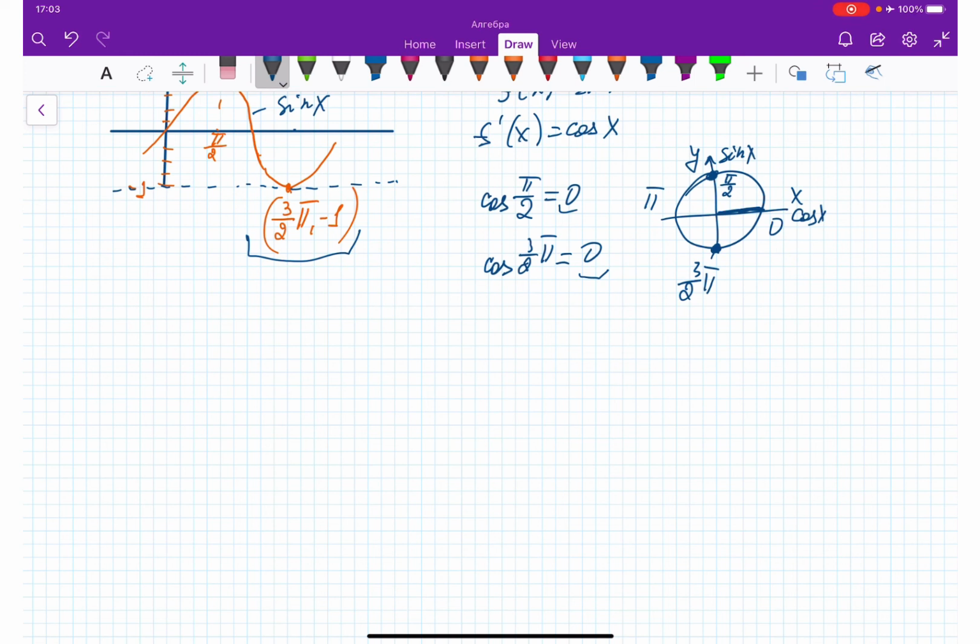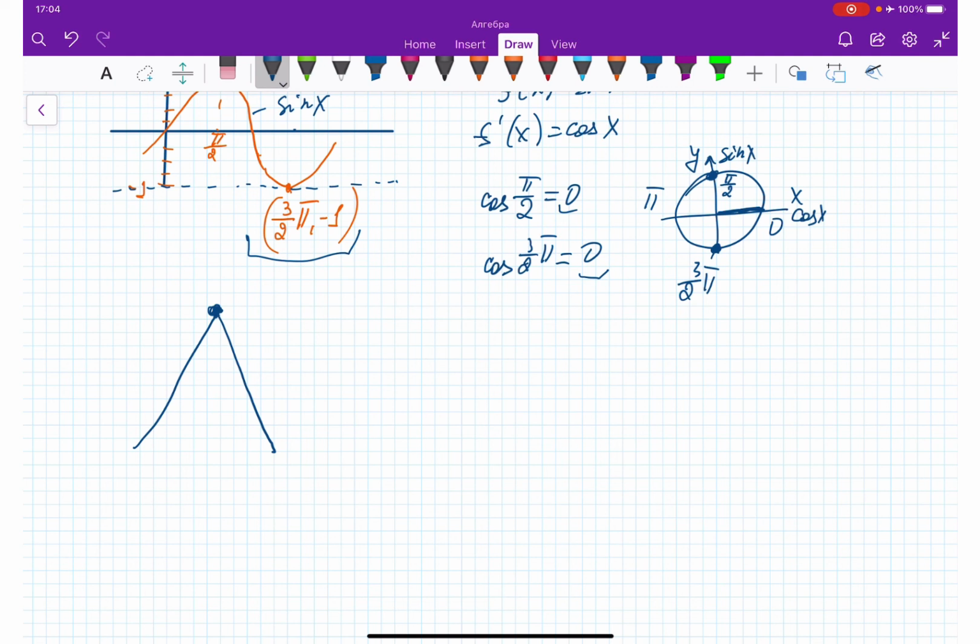But will we always have derivative 0? No, because sometimes the derivative does not exist. For example, if I have a graph like this, remember we learned, actually, I don't know if I have recorded that video, but actually yes I did, regarding polynomials, when we want to identify if this is a polynomial function or not.